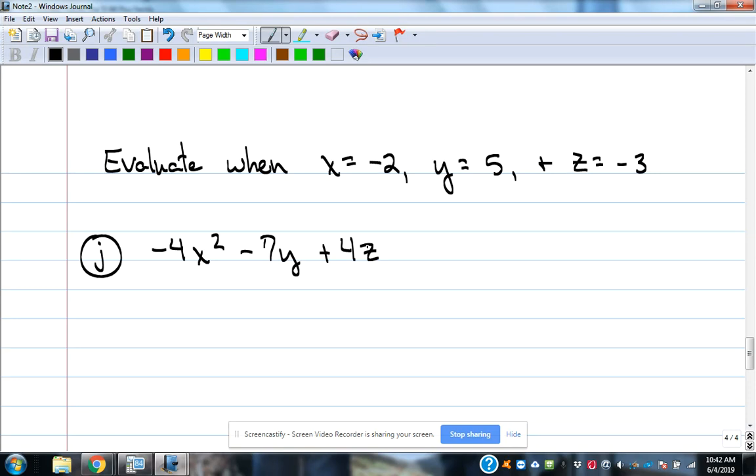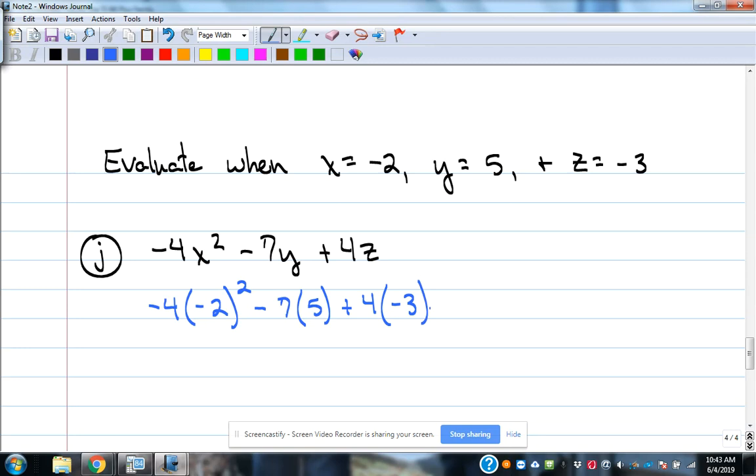So what we're supposed to do is just replace the variables with the number that they said they were. So I would rewrite the problem, -4, and then everywhere that I'm replacing a variable, I'm going to use parentheses when I put that number in there. So I'm going to put parentheses, -2 squared, like that. And then -7, parentheses, 5, plus 4, parentheses, -3.